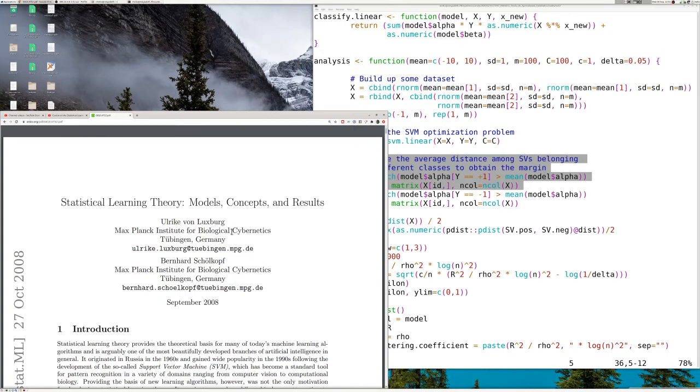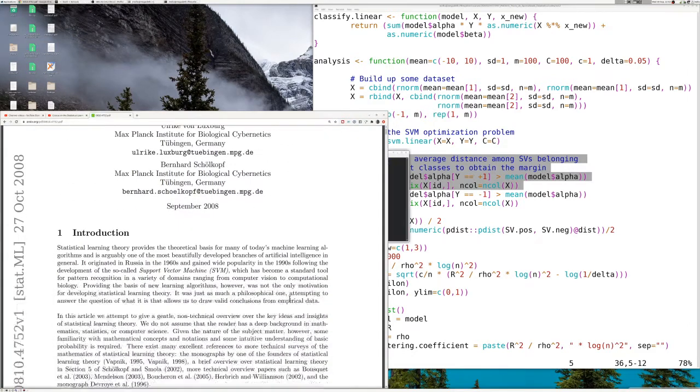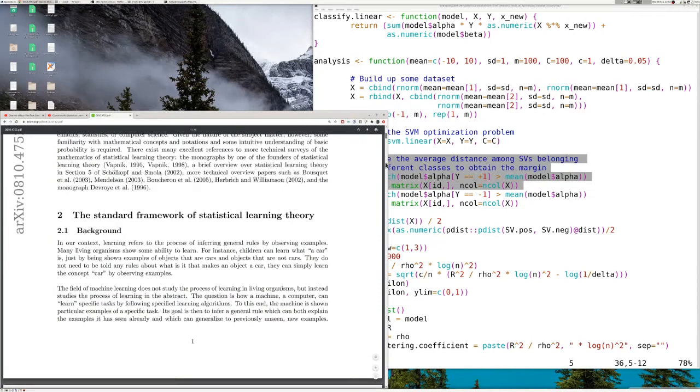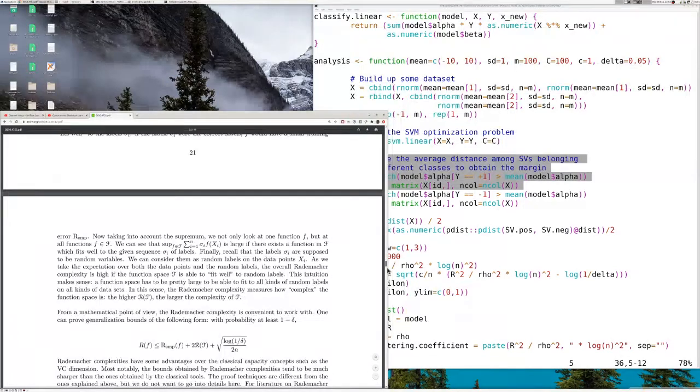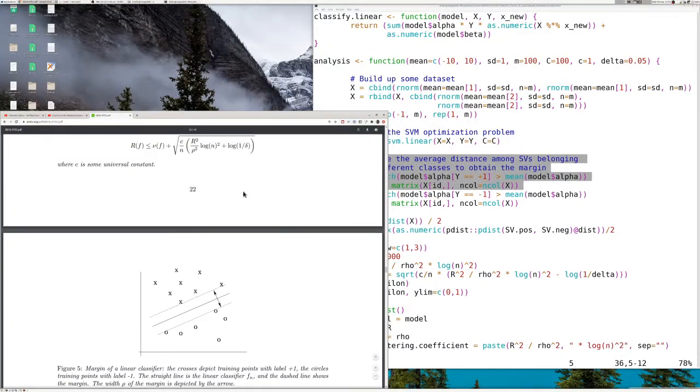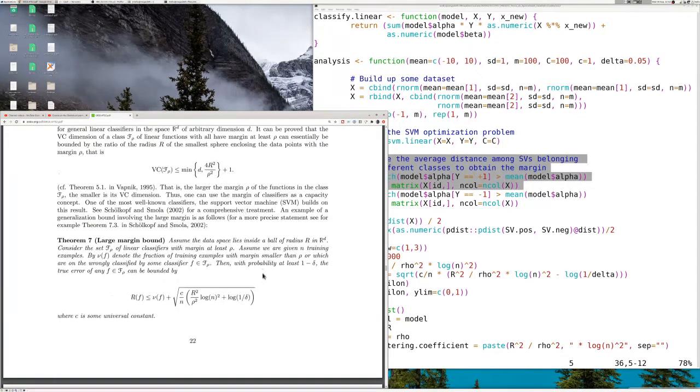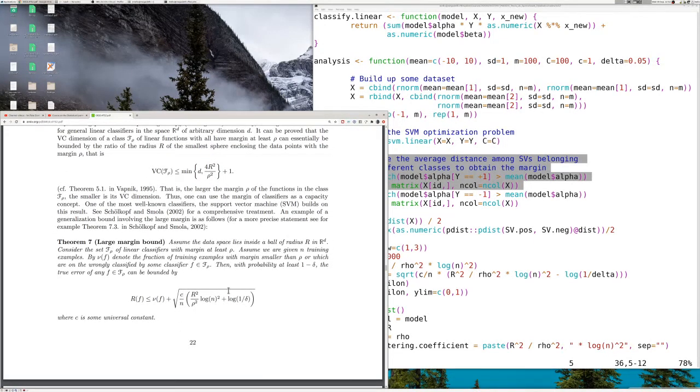Before that, I just go back to this paper, Statistical Learning Theory, Models, Concepts, and Results by von Luxburg and Schölkopf. If you go to page 22, you're gonna find this large margin bound.